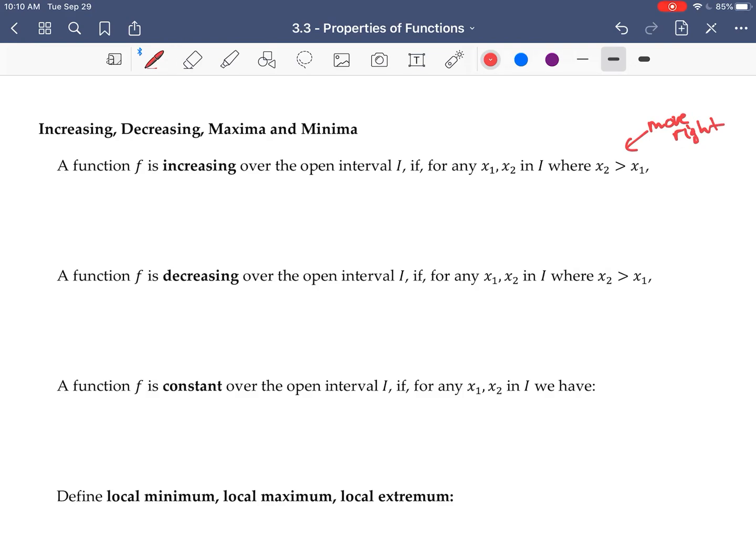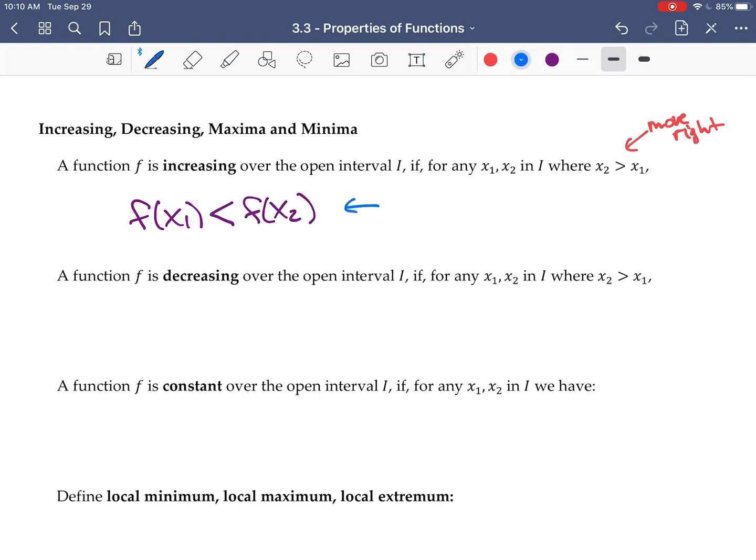We're just picking one at random to be bigger. So x2 is the bigger one. So if we have that the y values are getting bigger, so f of x1, so x1 is the more left one, is less than f of x2.